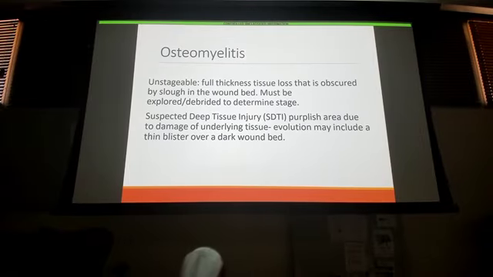There is one category, well, it's not a stage, we call it unstageable. Basically, it's a full thickness ulcer that is so obscured by skin sloughing into the ulcer itself, they can't actually explore and stage it. It needs to be debrided surgically to understand how bad it is.